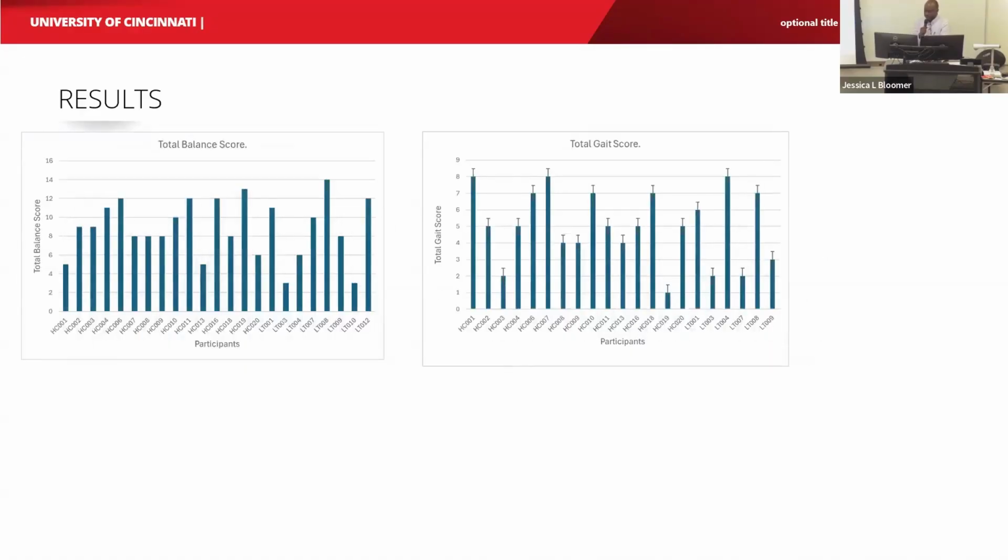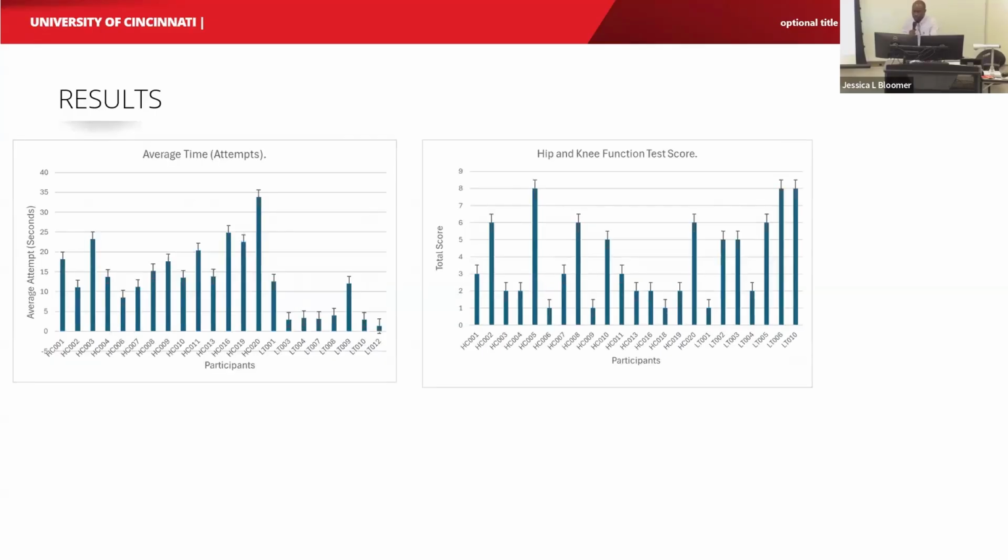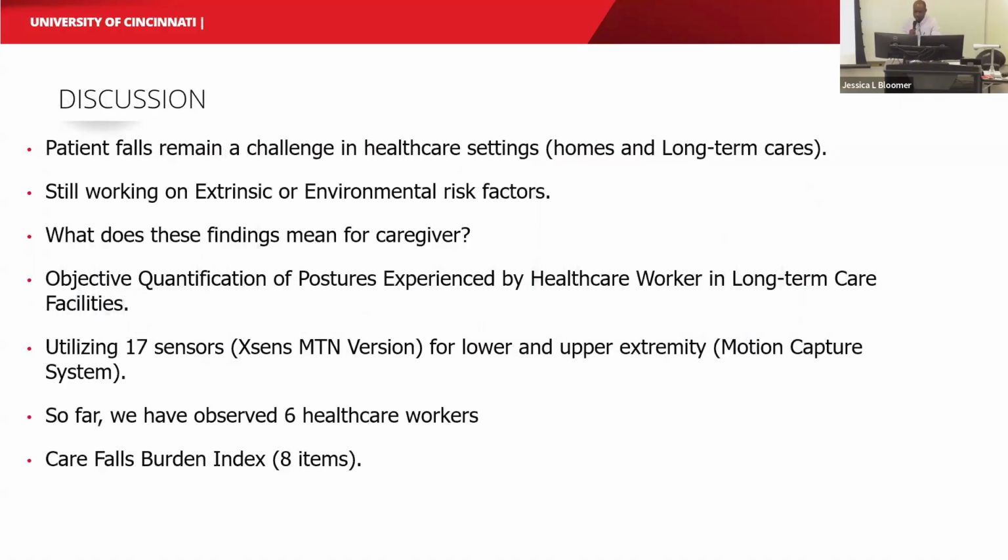And then the balance and the gait scores were both very high, showing that participants struggled with balance, maintaining the center of gravity during standing, and they swayed a bit in the tests we administered. And then the hip and knee function tests, we had a couple of participants reporting pains during bed rest and pains during standing and walking, showing that this was also a risk factor for patient falls.